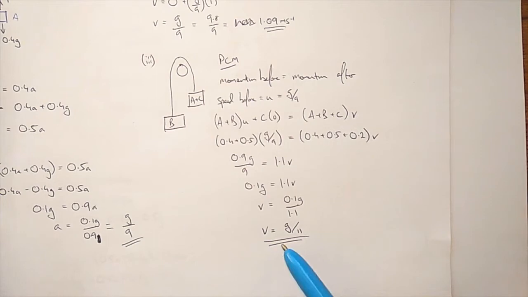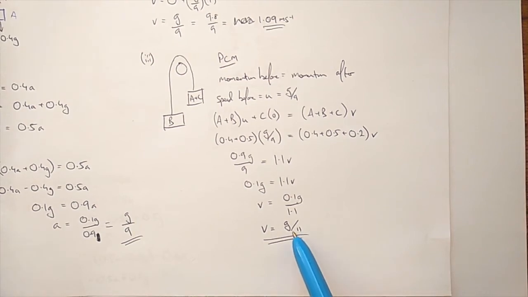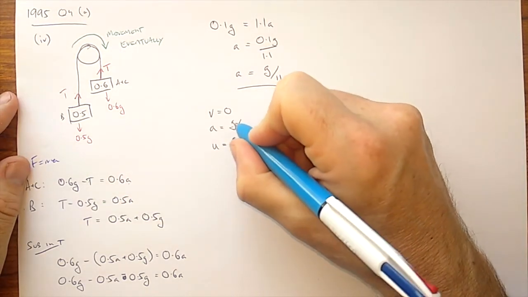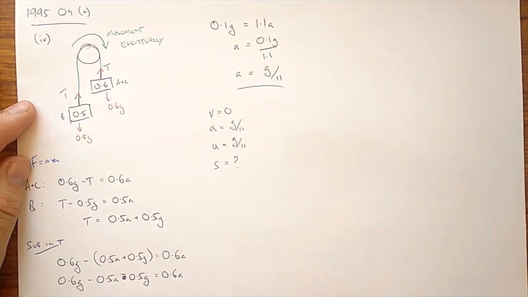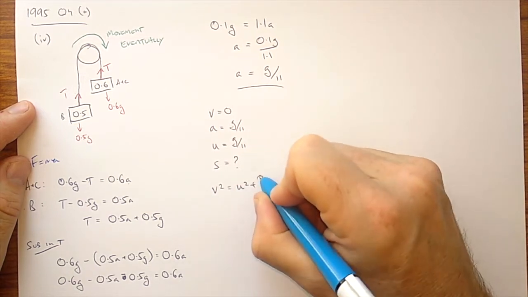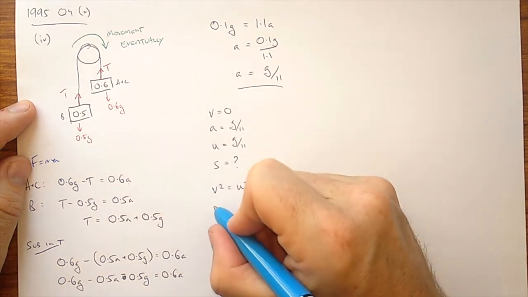Okay, we called it v at that time because that's what we were looking for, but it was the speed of the system just as it picked up c. So that was g over 11. Oh, it's going to be tidy, isn't it? And we want s. Well, what equation comes to mind? V squared equals u squared plus 2as. All right, off we go.